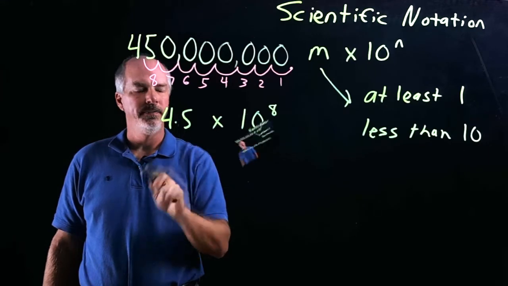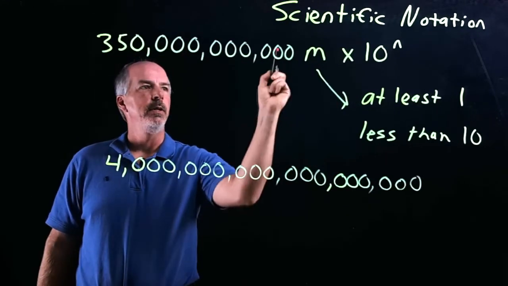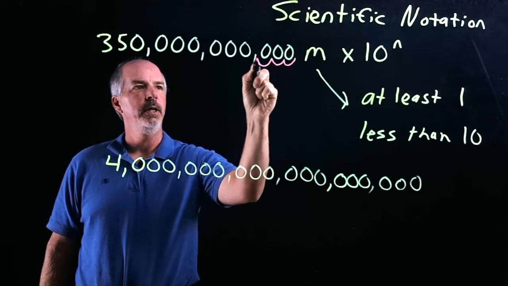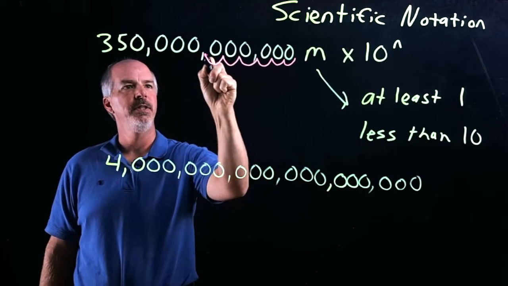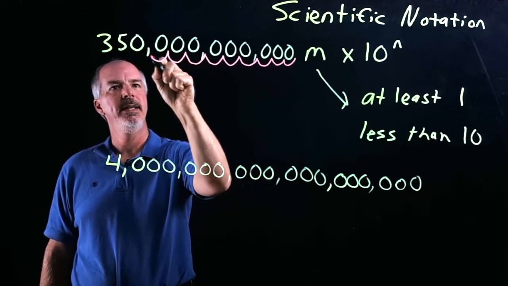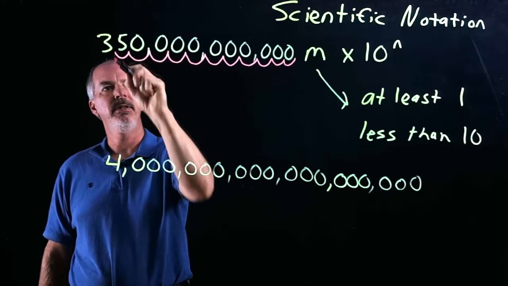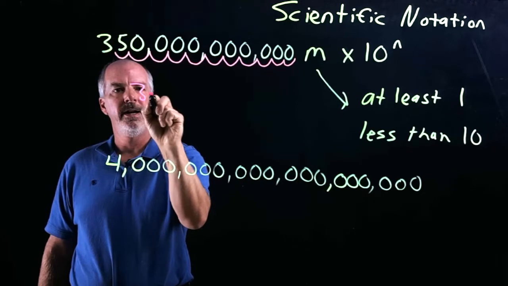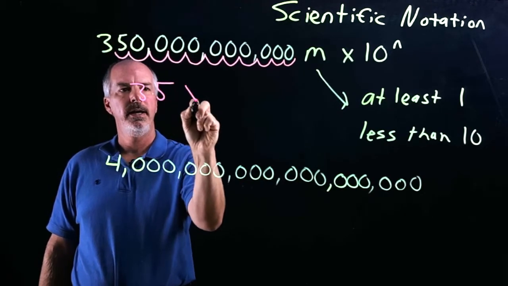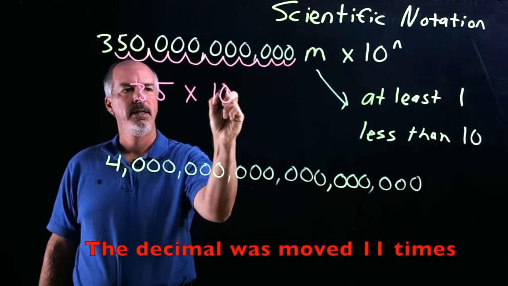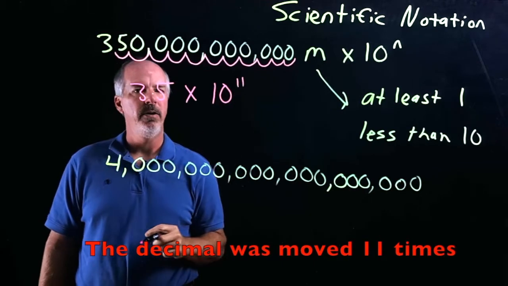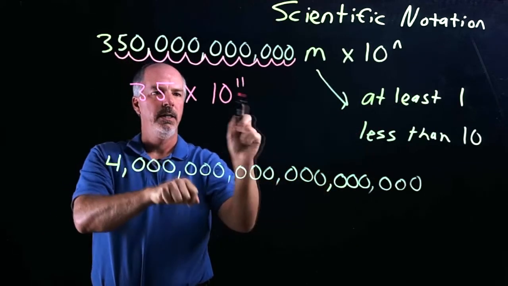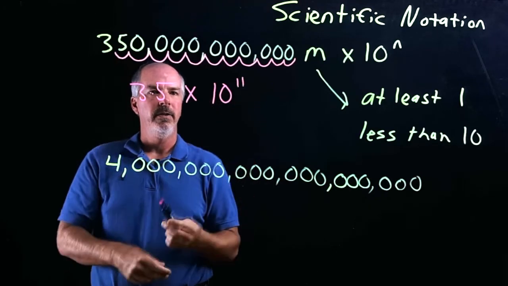Let's do 2 more. Okay, so we're going to start here with our decimal. We'll move it 1, 2, 3, 4, 5, 6, 7, 8, 9, 10, 11 spaces. So it now becomes 3.5 times 10 to the 11th power. At least 1, less than 10, first factor, times 10 to the 11th power.